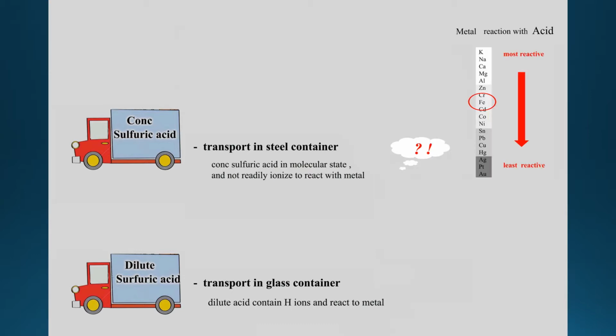Students will soon ask, wait a minute, sulfuric acid in a steel container? Steel container means iron container. Does metal iron react with acid? So it will melt the container.